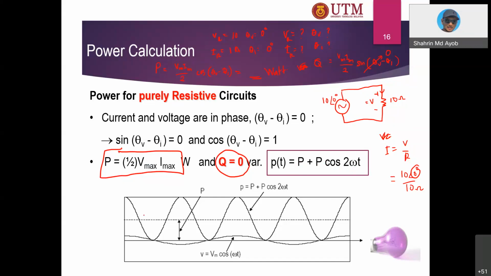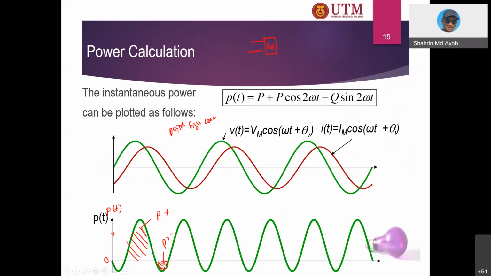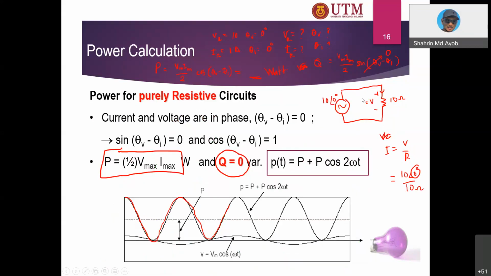And if you want to plot, this is the plot. Okay. So you will see that all your power is actually positive power. There is no negative part like this. Sometimes you have positive and sometimes negative, but when your load is a resistive load, you will see that your instantaneous power is always positive, always greater than 0.